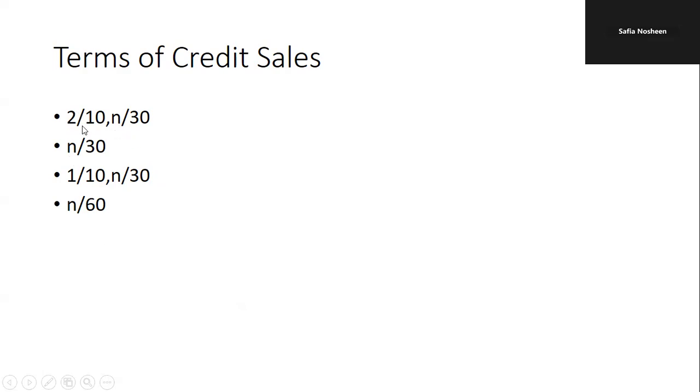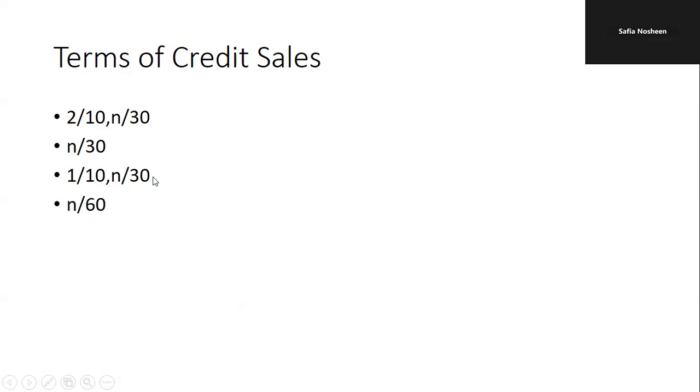2/10, net 30 means that if the customer pays within 10 days, he will be given a 2% discount on the sales price. Otherwise, he will have to make full payment within 30 days. Net 30 means no discount is allowed, and payment must be made within 30 days, or within 60 days for net 60. 1/10, net 30 means a 1% discount will be given if payment is made within 10 days; otherwise, the customer will have to make full payment within 30 days.